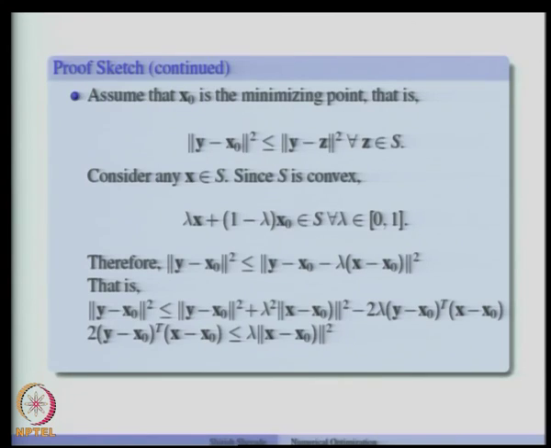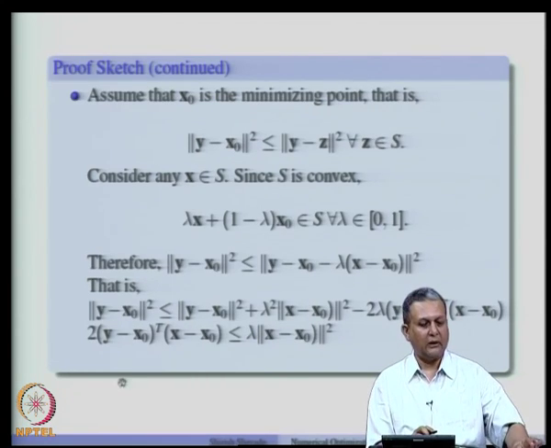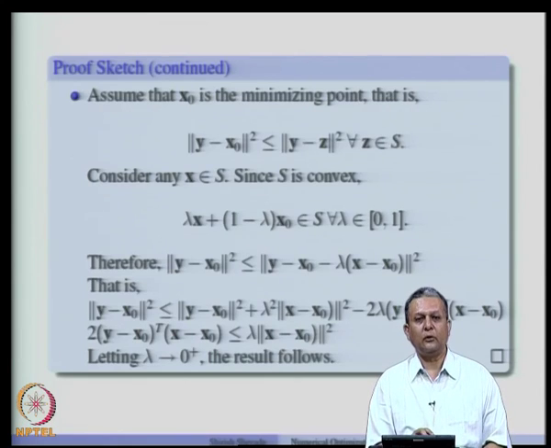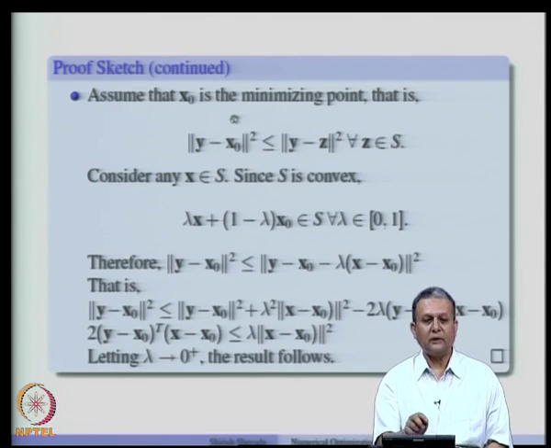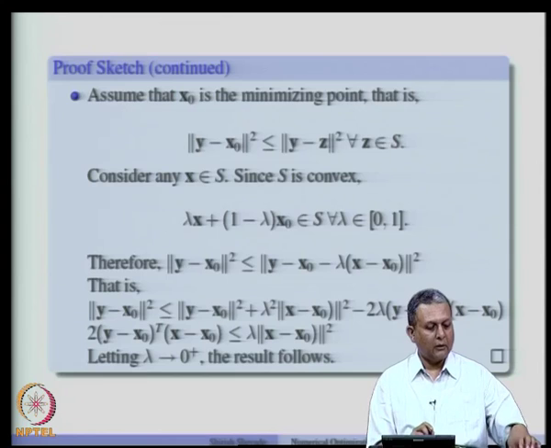Now, if we take limits, letting lambda tend to 0, we get that y minus x naught transpose x minus x naught is less than or equal to 0. So, we get the result that if x0 is the minimizing point, then y minus x naught transpose x minus x naught has to be less than or equal to 0.